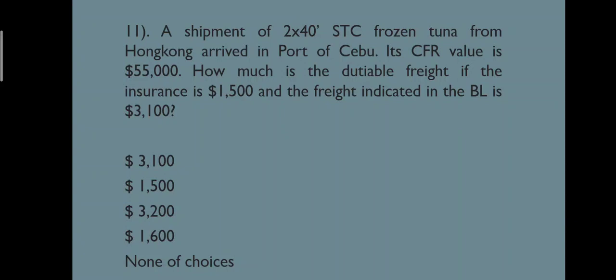Under that, the BL value is compared to the reefer rates. Before we compute the reefer rates, the BL is already given, which is 3,100. What are the reefer rates? Let me discuss that briefly.